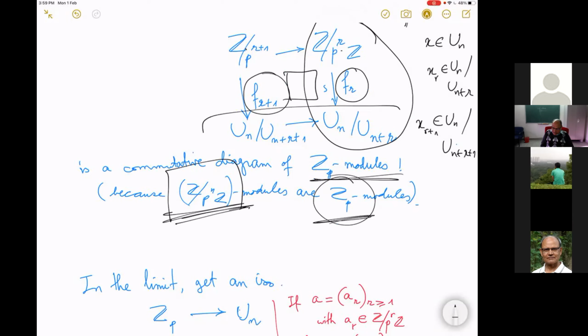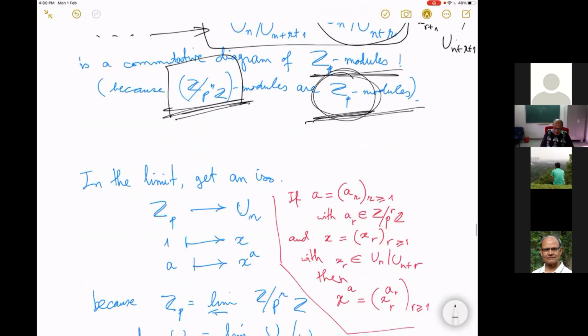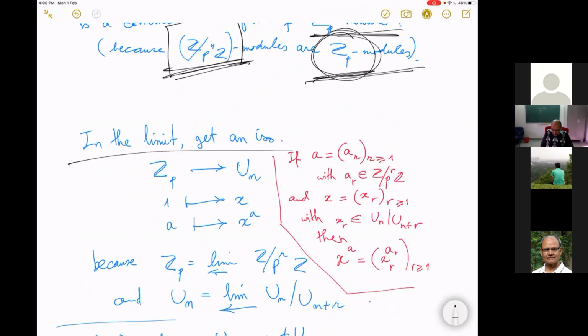So I think of all this as a projective system of Z_p modules. And in the limit, what I'll get is a map from Z_p to U_n.